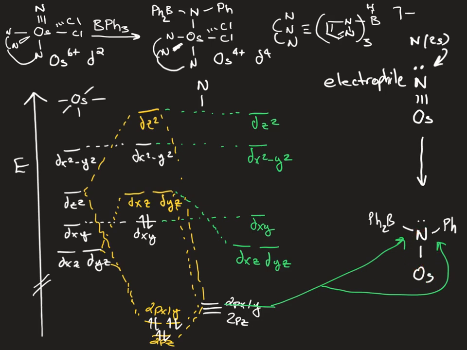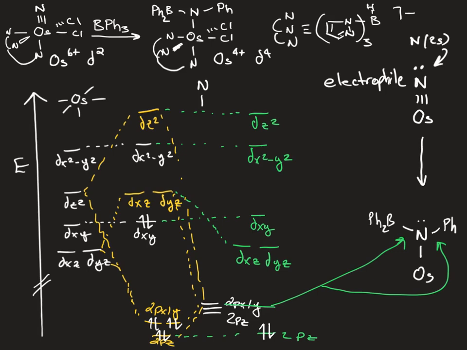So because you only have 2 electrons in a sigma bonding orbital, no electrons in the sigma antibonding orbital, this remains a single bond. And as we go through, bringing the 2pz across, filling in electrons, 1, 2, for the 2 electrons being donated in to the osmium from the nitrogen.